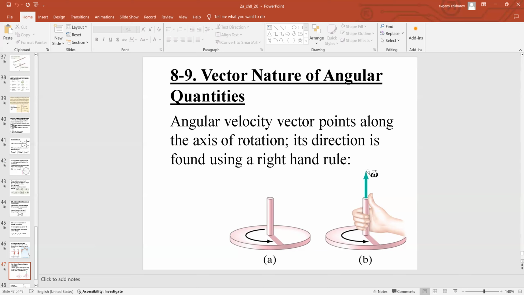That would be the vector for angular velocity and therefore angular momentum. For all of your calculations here, all you have to do is keep track of positive or negative. Just make sure that for clockwise rotation, you say negative, and for counterclockwise rotation, you say positive. That's all I'm asking you for.